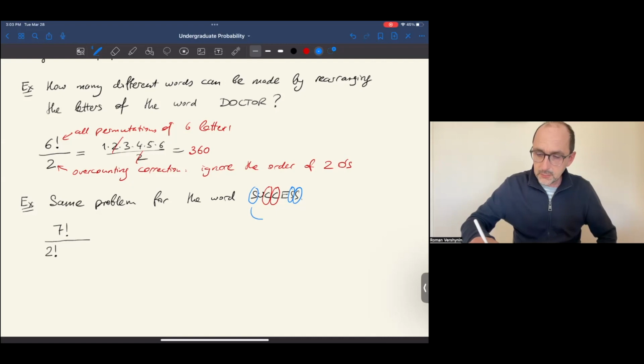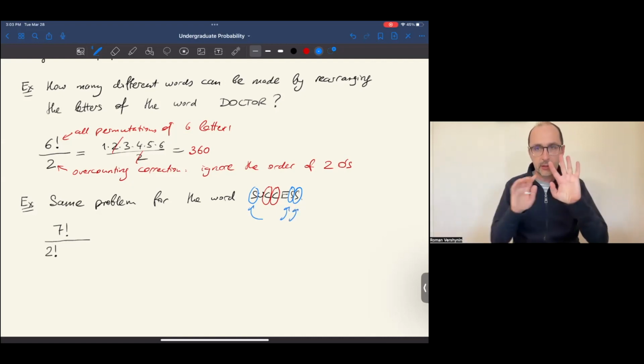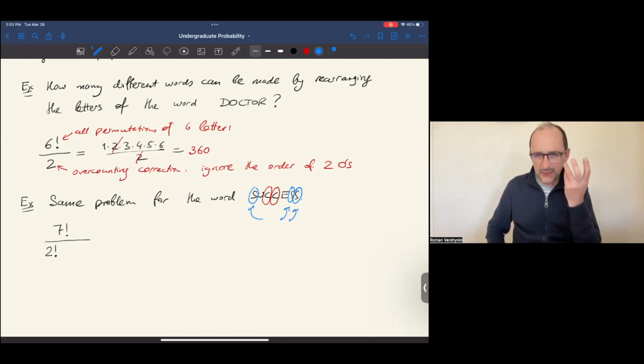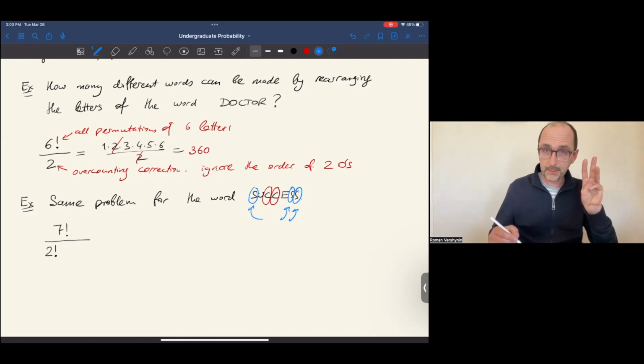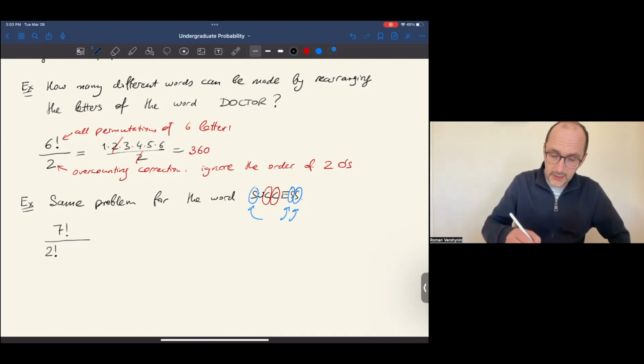Well, if we rearrange the letters S within themselves, that will lead to the same word, so we should count it as one word. But how many rearrangements of 3 letters are there? There are 3 factorial of them. So every permutation, every word, we counted 3 factorial times, and we shouldn't have. So to correct that, we divide by 3 factorial.